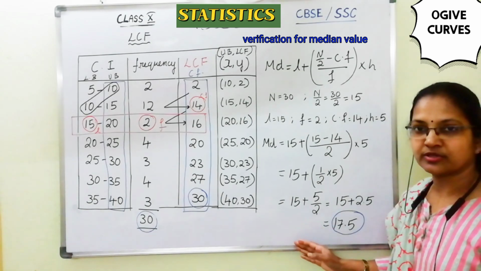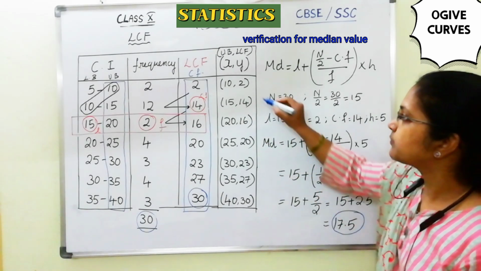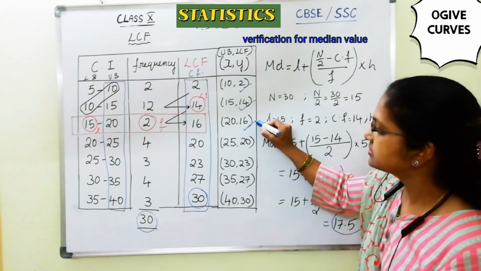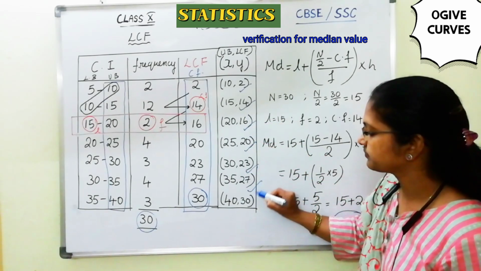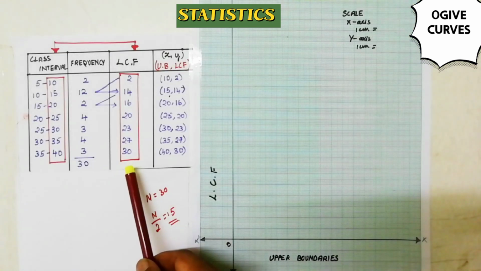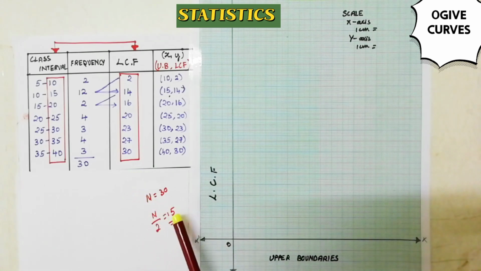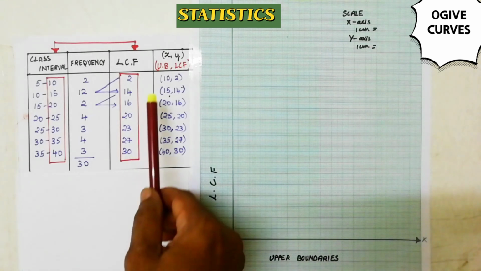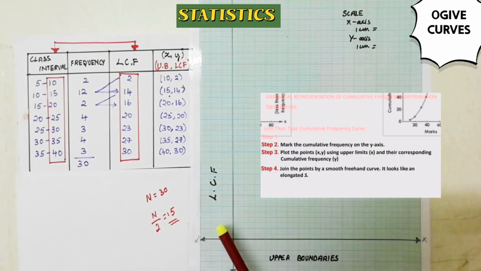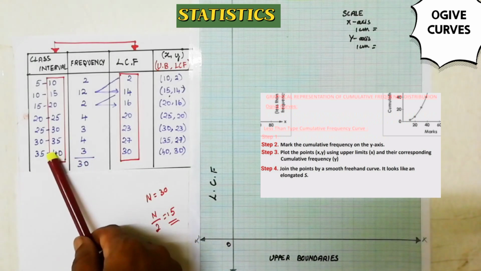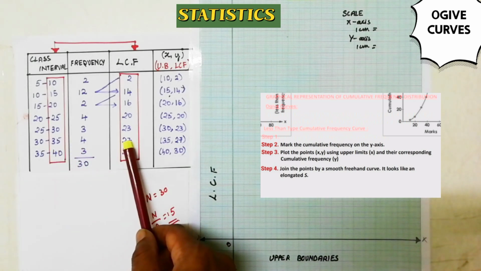So let's get started with the graph by plotting these points on the graph sheet. Yes, now we are ready with the table in which, for the LCF curve, we have upper boundaries and LCF values.